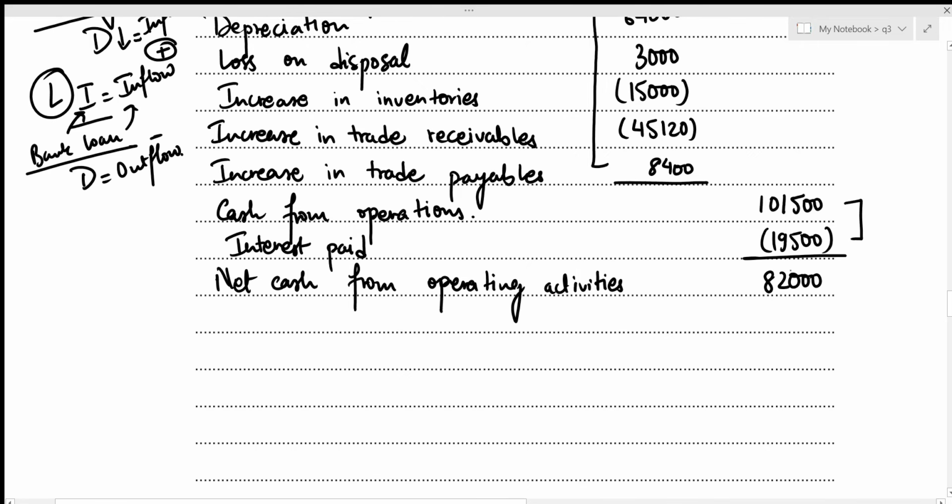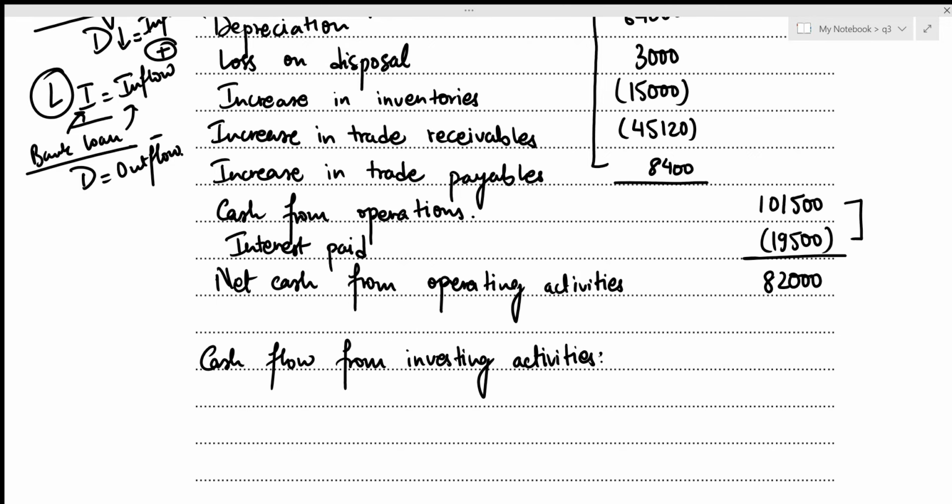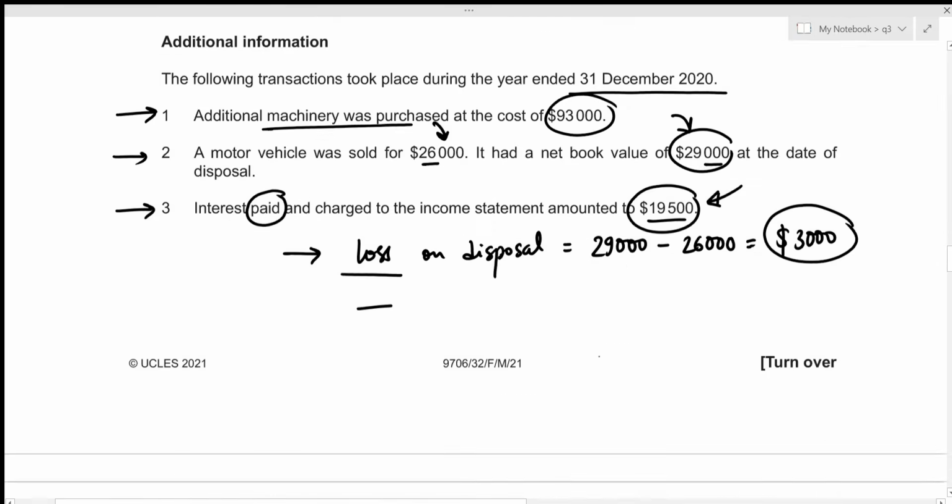So now we can move towards cash flows from investing activities. And remember that investing activities deals with purchases and sales of non-current assets, and its information was given above.